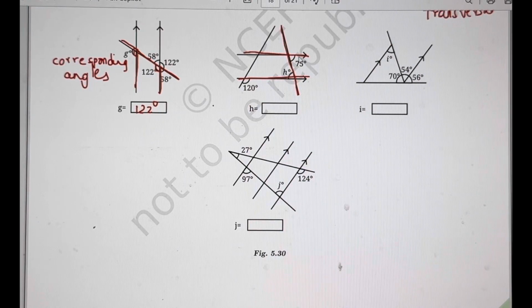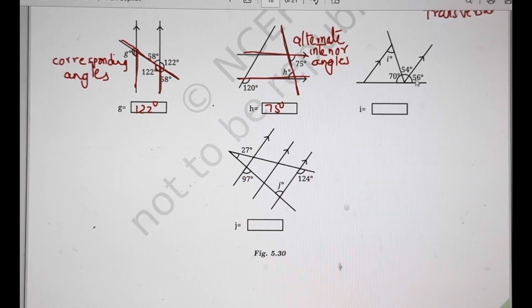And this is a transversal and a Z is being formed. So H will be 75 degree. Reason being alternate interior angles.